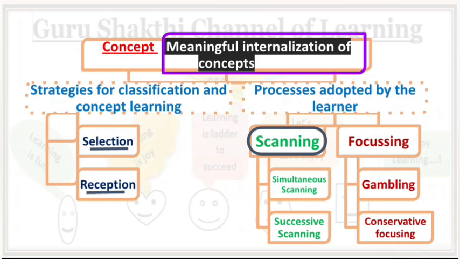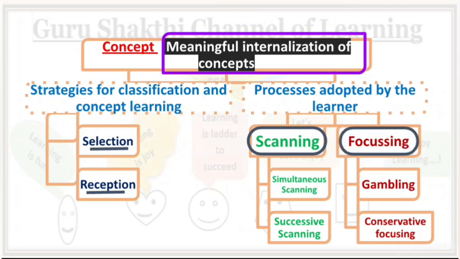If you test all the hypotheses that you have listed with each number of group, it is called simultaneous scanning. If you try to test one hypothesis at a time and then you move to another hypothesis, it is called successive scanning.